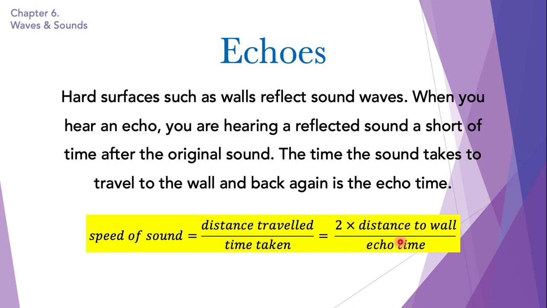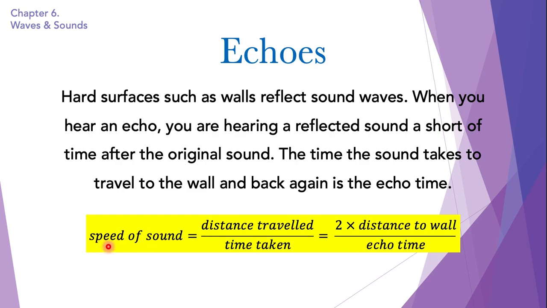So if we are 2 meters apart from a wall, that is going to be the distance to the wall, and this distance is going to get multiplied by 2 because sound is reflected. And then the echo time, how much time the sound took to travel to the wall and back again, is the value we divide by, and we will get the speed of the sound.